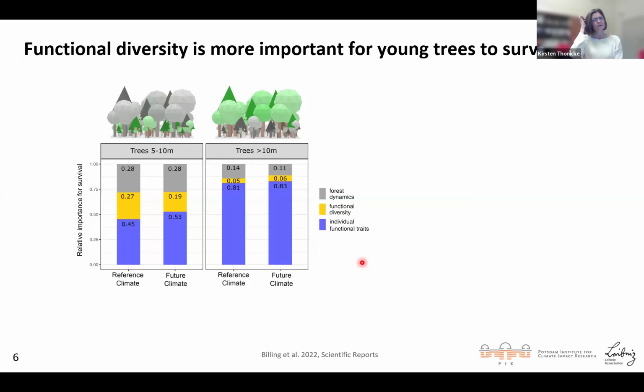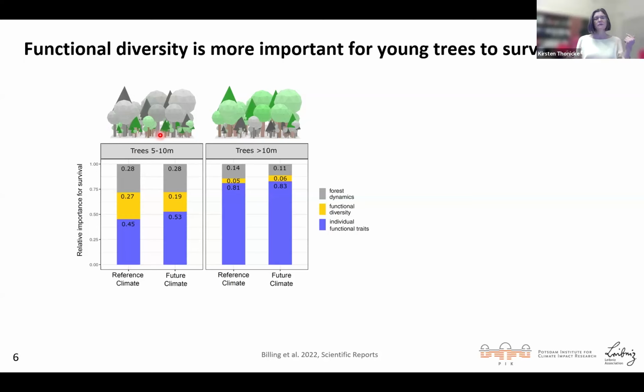So this is a bit of head scratching, but it makes sense because the competition is high or can be high in the understory. So it's good if there is a diverse understory where different ecological niches can be occupied.